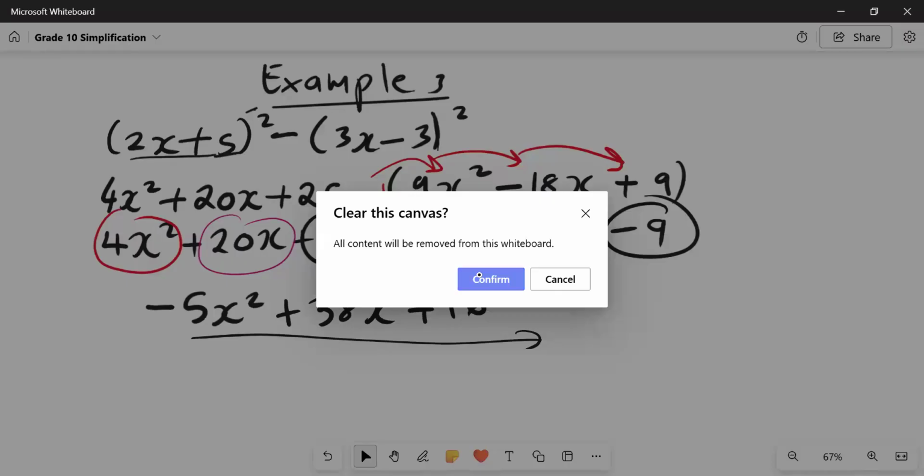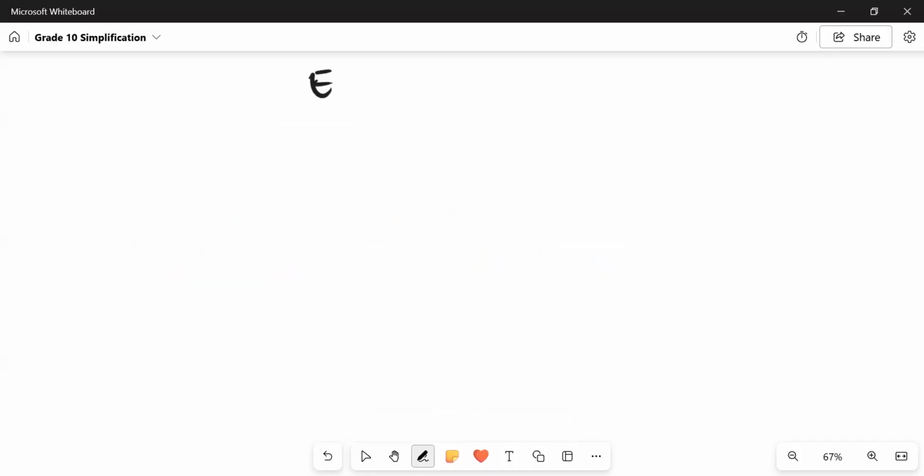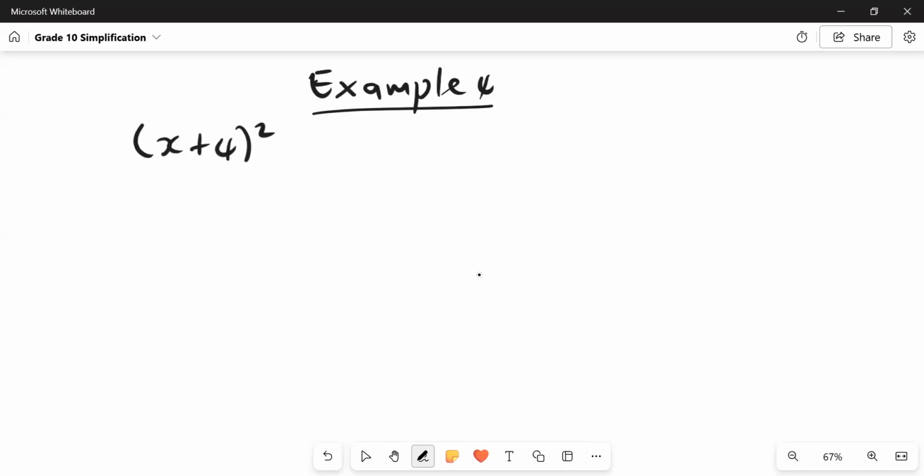So for example 4, we are given, okay, (x plus 4) squared plus (x minus 3)(x minus 2). Again here, we have to take care of this, right?